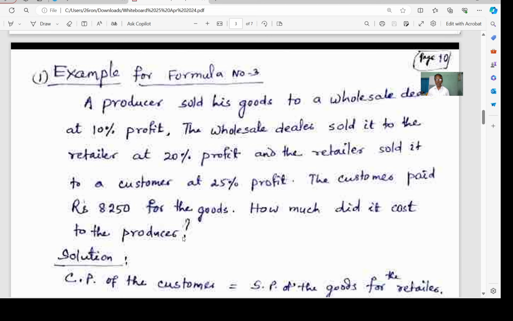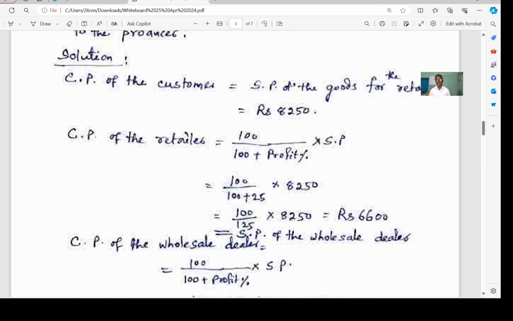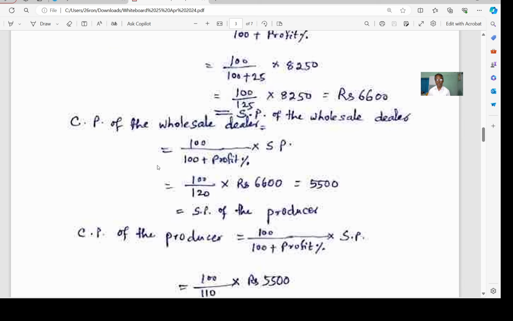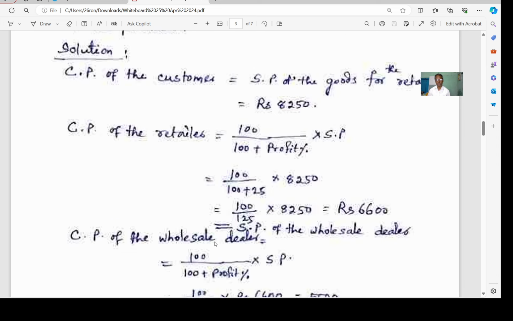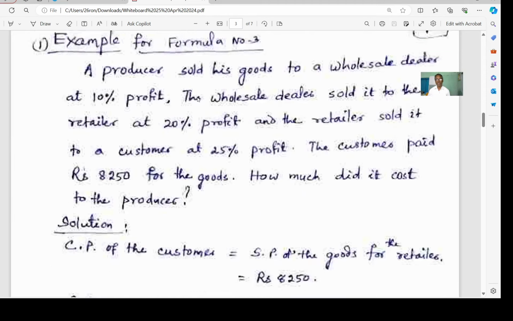How much did it cost to the producer? In this question, we can solve step by step. First we find cost price to the retailer, then cost price to the wholesale dealer, then cost price to the producer, using formula 3.